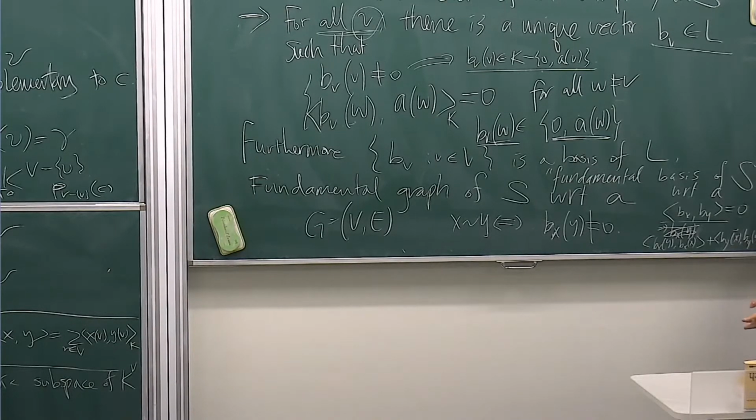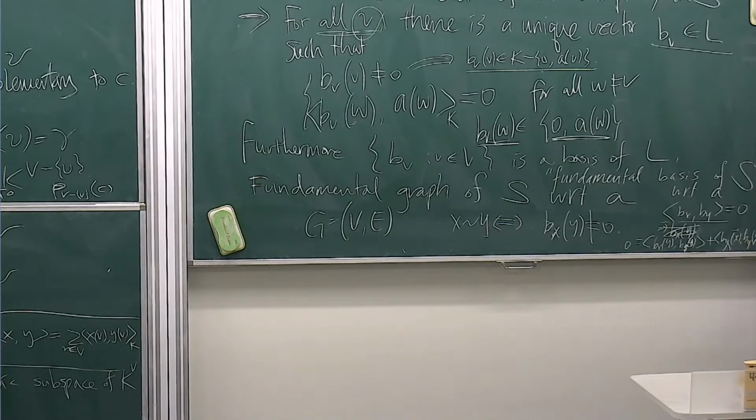Am I doing it right? Something's off, BY, BX, BYY. This is 0. So if this is 0, this is 0. This is non-zero, this is non-zero. And that is the same as this.